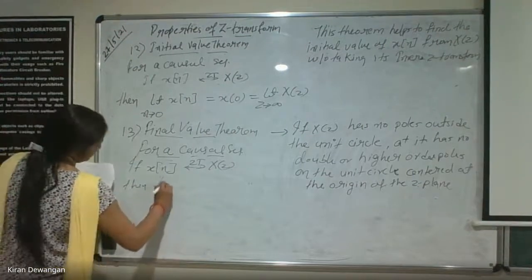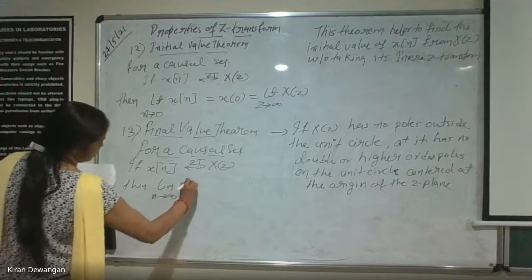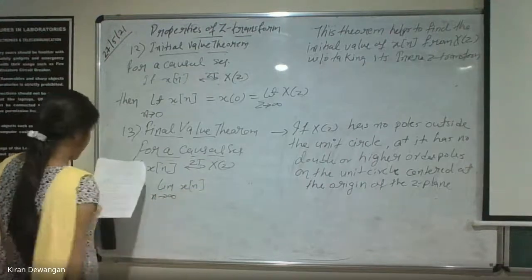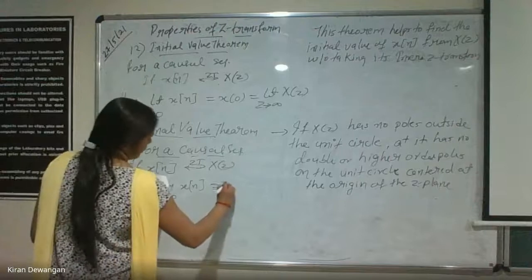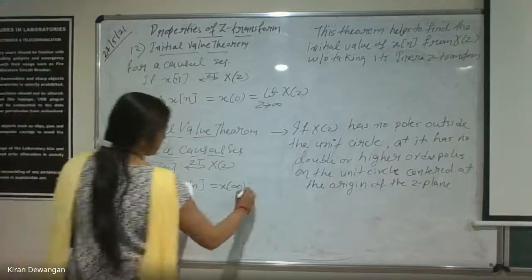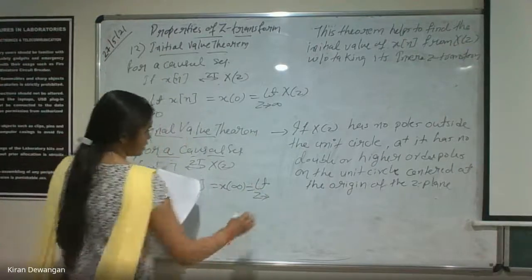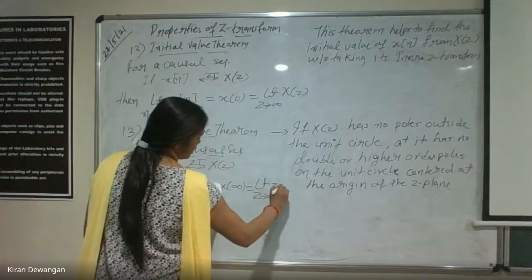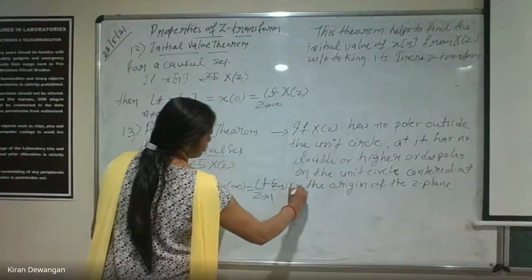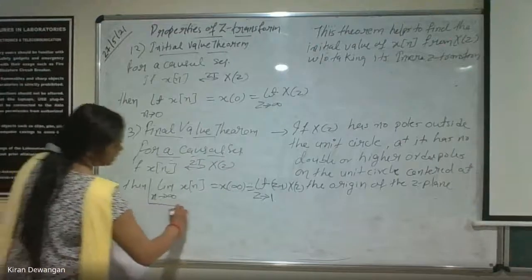limit n tends to infinity of x of n will be x of infinite. X of infinite is limit z tends to 1 z minus 1 into x of z. Okay? So this we need to know.